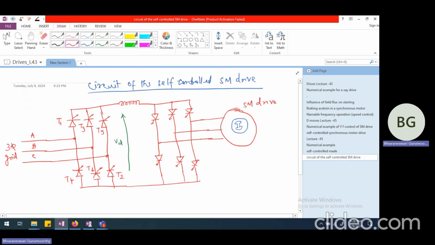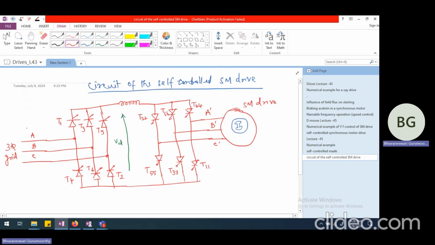Now, if we call this as A phase, this as B phase, and this as C phase of the synchronous motor, then this is going to be T11, this can be T33, and this can be T55, and this will be T22, this is going to be T66, and this is going to be T44.